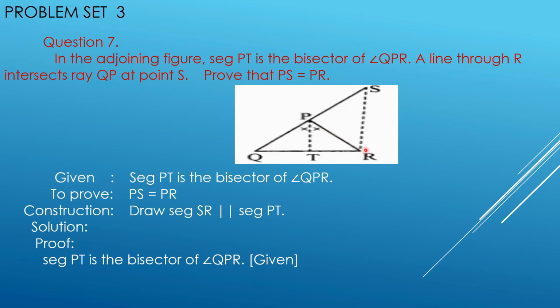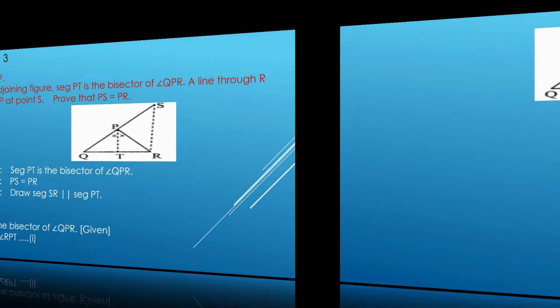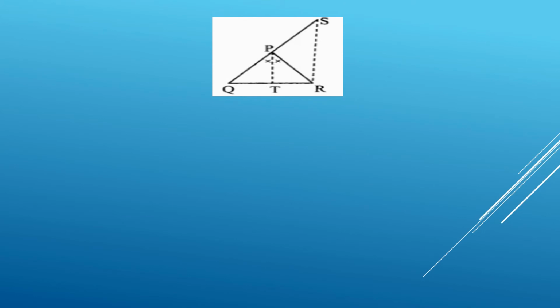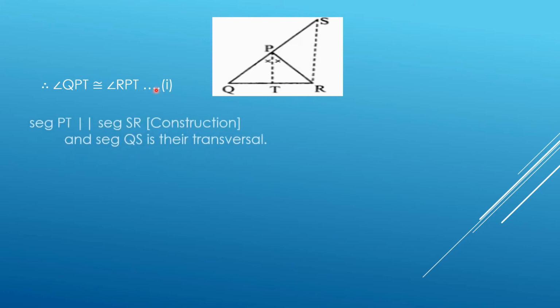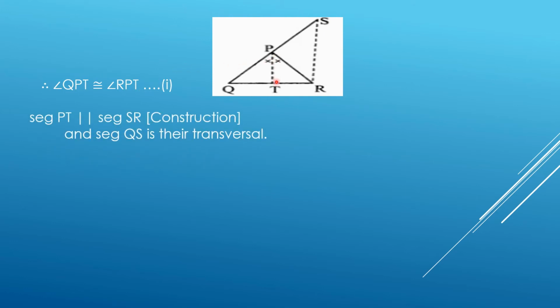Then the solution and proof: segment PT is the bisector of angle QPR. Therefore, which two angles are congruent? Angle QPT is congruent to angle RPT. That is equation number 1. Here in this figure, segment PT is parallel to segment SR by the construction, and segment QS is the transversal.